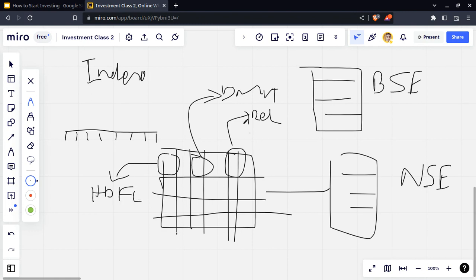They picked all the top stocks and they made a list of 50 companies.